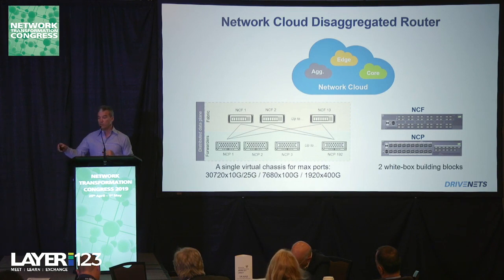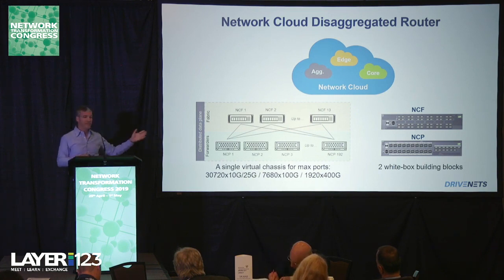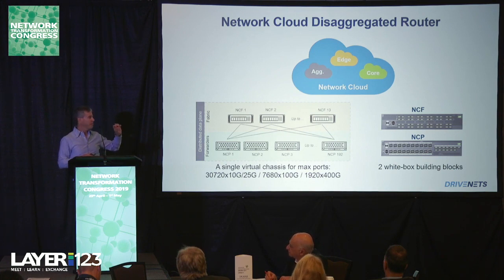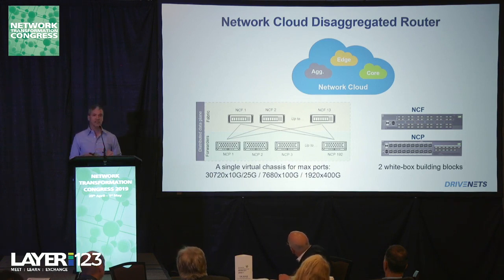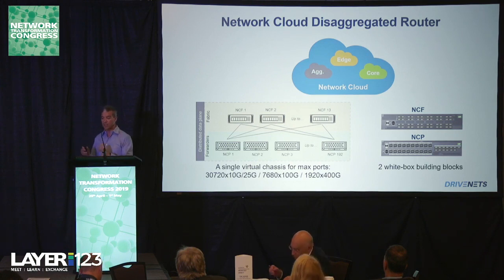So we have two building blocks. We have the NCP, which is the network cloud packet forwarder, with the interfaces, and we have the NCF, the fabric part. Now, the beauty of this solution is that by just using these two building blocks, you can create a cluster at almost any scale that can run any service.